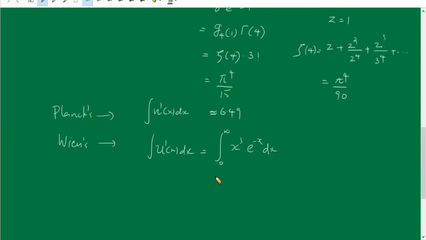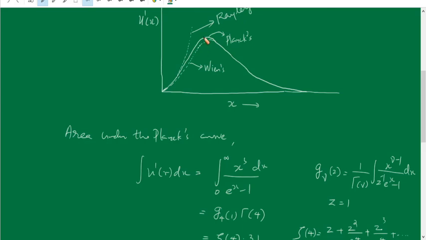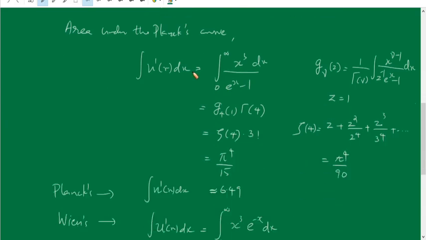This is nothing but the gamma function of 4, which is equal to 3 factorial, so it is equal to 6. The Planck value is approximately 6.49 and this is 6. So it is very clear from this graph that the area under this curve is slightly greater than the area under the Wien's curve. So that is obvious from this result.